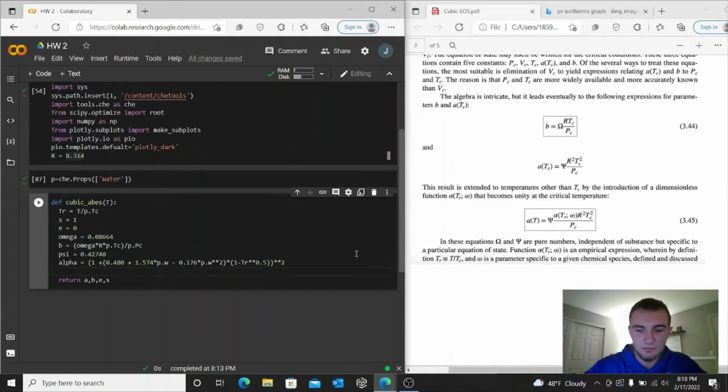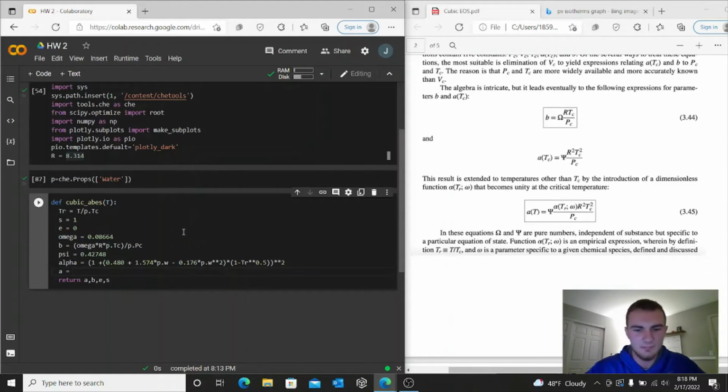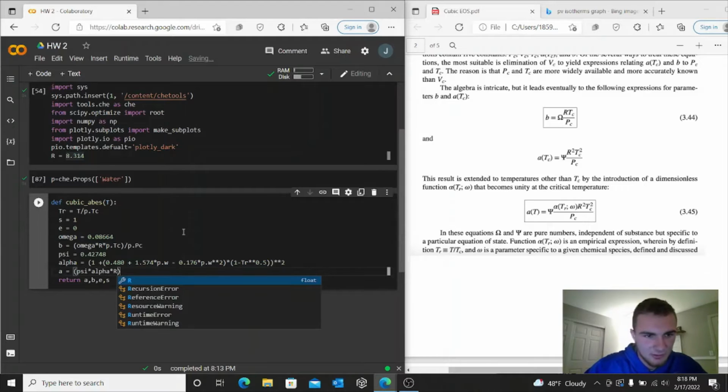parameter. So we'll say that A is equal to, and again, we're going to have to be careful with signs here, psi times alpha. And this will be multiplied by R squared. I'm going to put this in parentheses just because I sometimes get nervous with parentheses not working out.